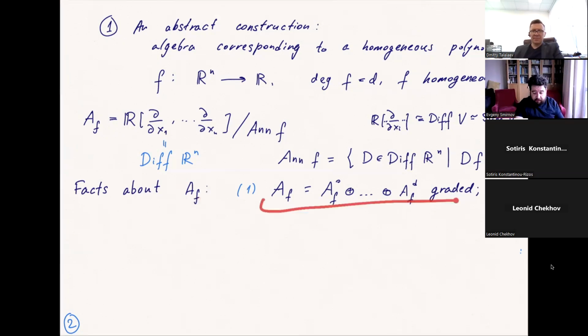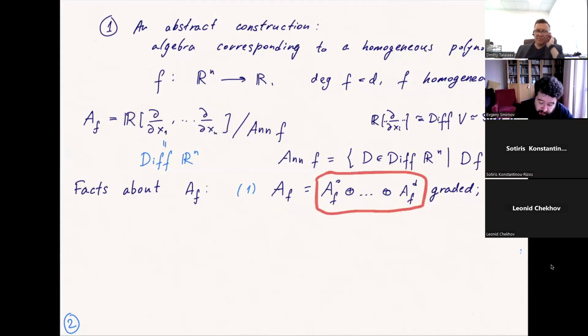So this ring is graded, first of all, because everything has a degree. My differential operators are graded, and my f is homogeneous. So you can say that this ring has a grading, and as I explained 2 minutes ago, this grading is finite.